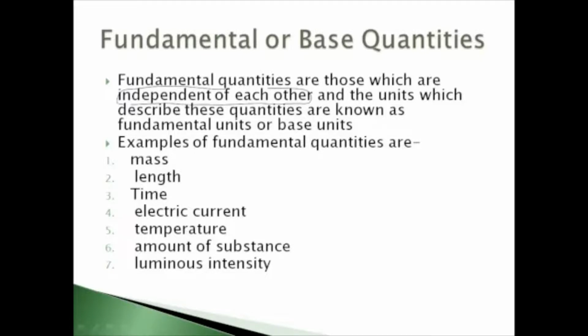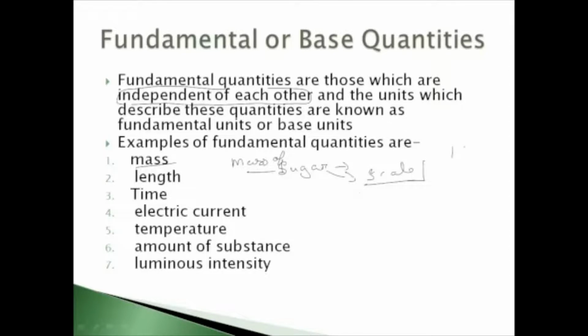What is the meaning of this sentence, independent of each other? Consider the example of mass. Suppose you have to measure the mass of sugar. You just place the sugar on a scale. It can be a digital scale, which is usually used nowadays, or an old scale. So to measure mass, we just use a scale and we get a mass.